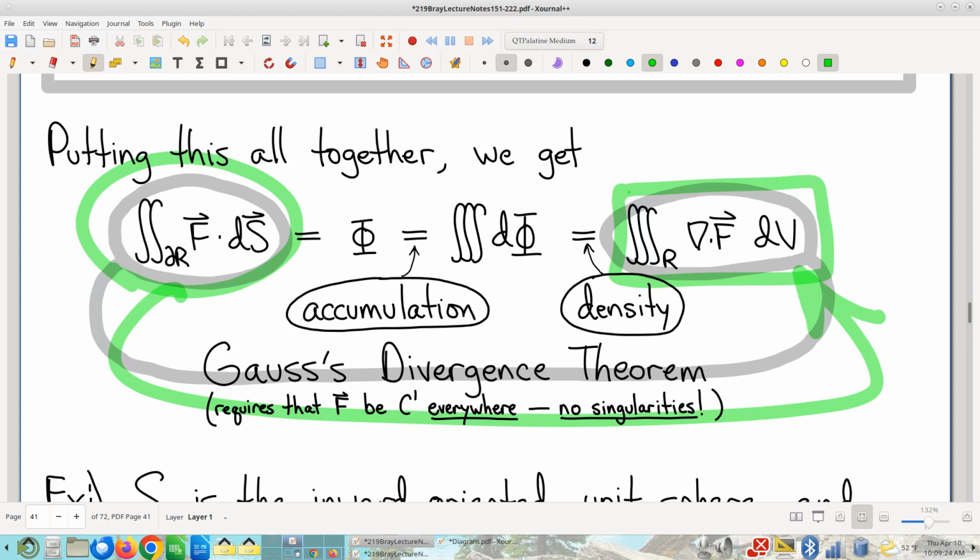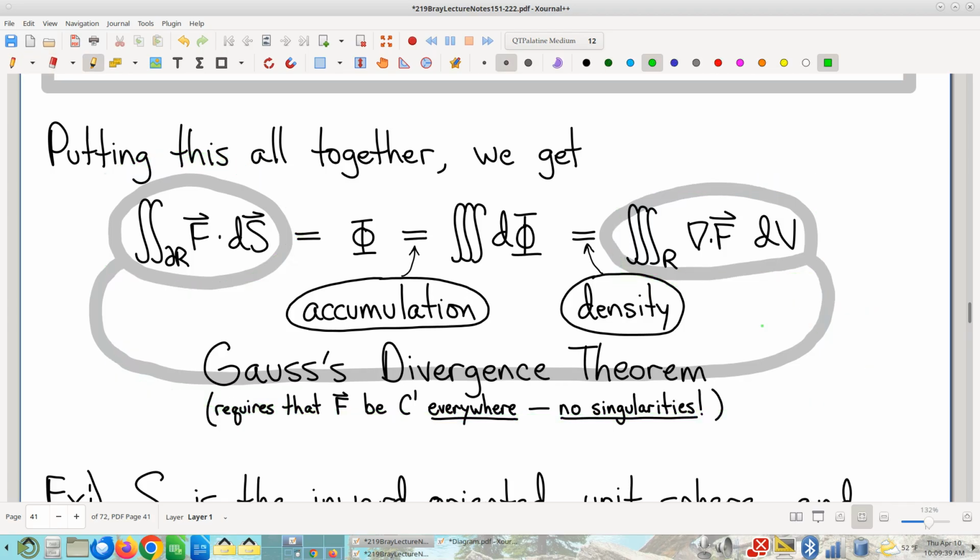And sometimes that divergence is just a lot easier to deal with. And likewise, sometimes the solid is much easier to deal with than its boundary. And so there is tremendous potential for this to be a computational tool. And that's the first application we're going to see of this coming up right now.